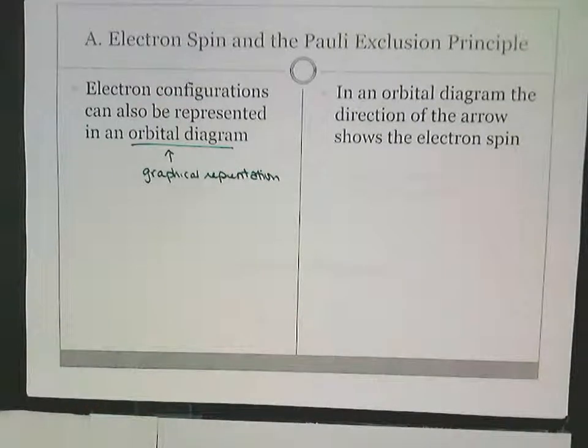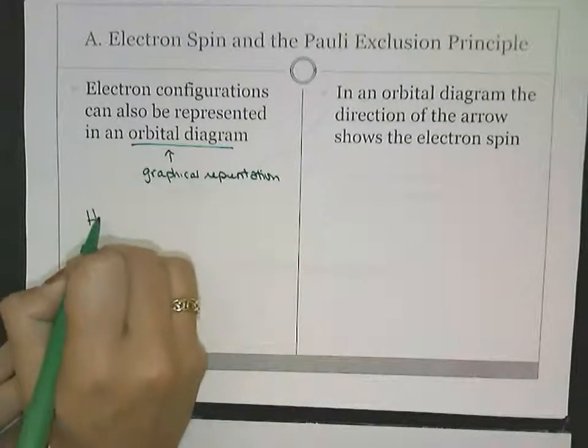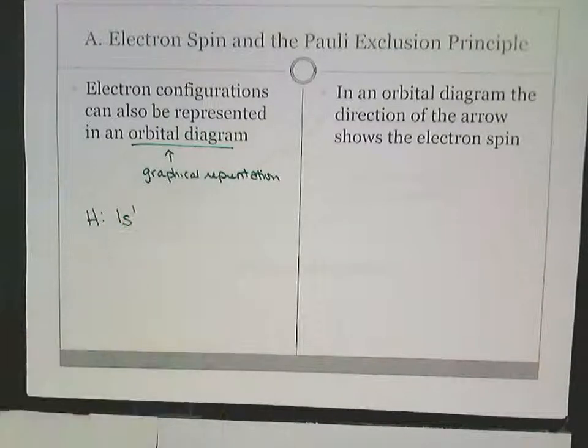An electron configuration is using words. A graphical representation is going to be the orbital diagram. So let's use our same example of hydrogen, where it says 1s1, which is the electron configuration.